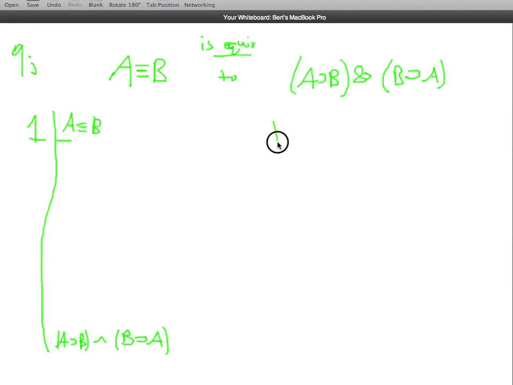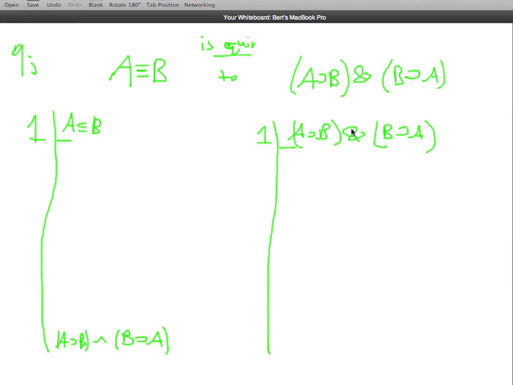Then I need to also set up a different derivation where my primary assumption starts with the second sentence. So we do if A then B, and if B then A. And again, I'm hopeful this is not too confusing.